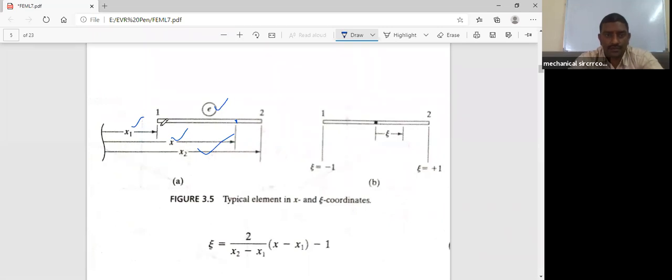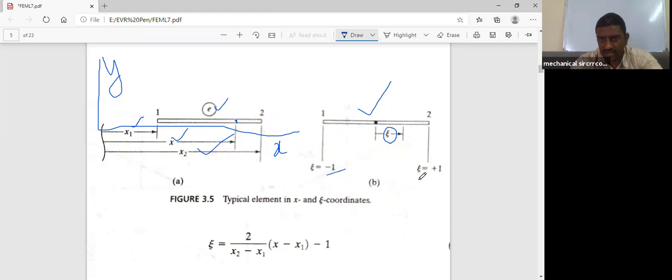So first we assume this element in the global coordinate system, x and y. Okay, the same element. Now we assume it is in the natural coordinate system. Here the J represents the natural coordinate in the x direction. This coordinate varies between -1 and 1.